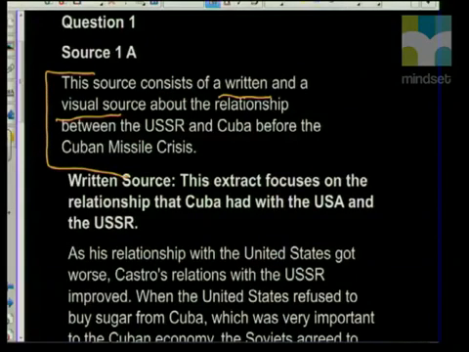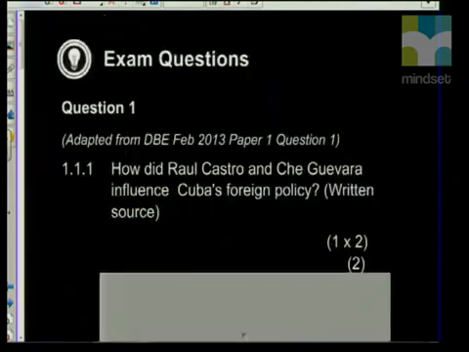That information is very important, and that is what you need to take note of. Okay, so that is the written source. As I said to you, we're not going to read it together because it is long. Now I'm going to show you a visual source that goes with that. Oh, sorry, before I show you the visual source, let's look at the questions based on that written source, and then we'll go and look at the visual source.